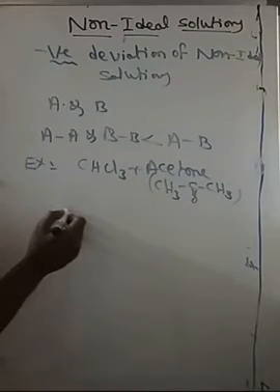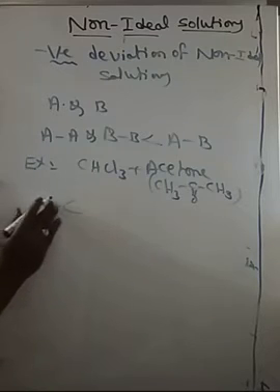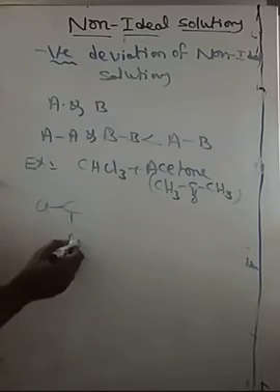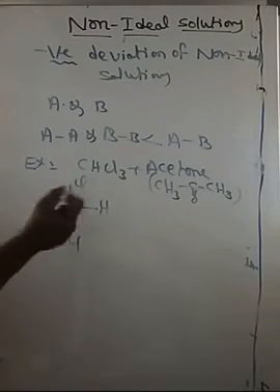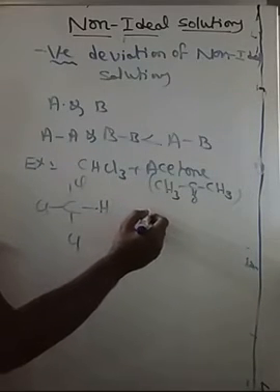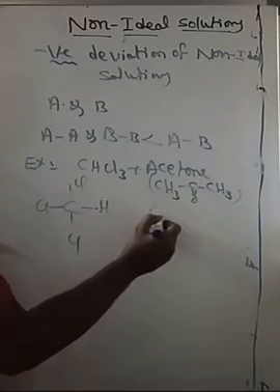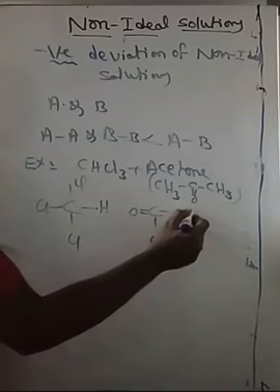Before intermixing there is only the chloroform molecule, with 3 chlorine atoms and hydrogen. This is the chloroform structure. Acetone, after intermixing, what happens here? The acetone molecule has the structure CH3COCH3.